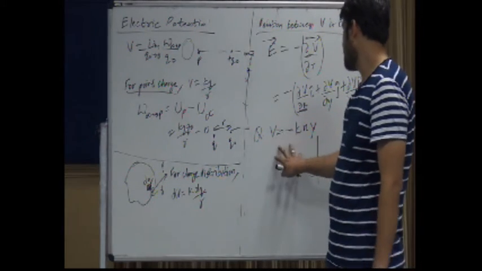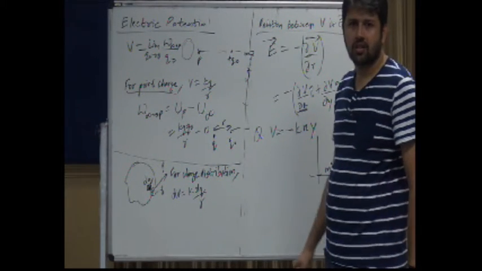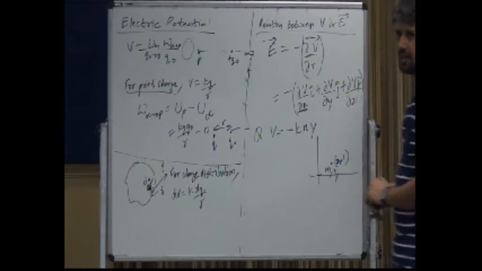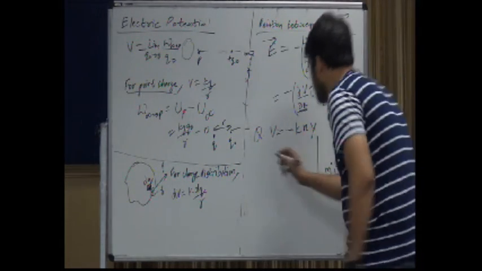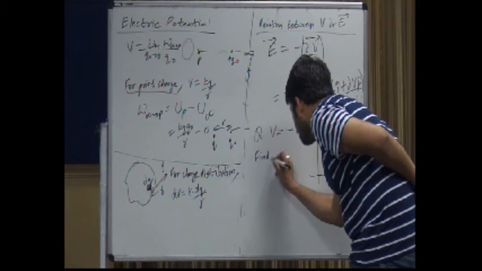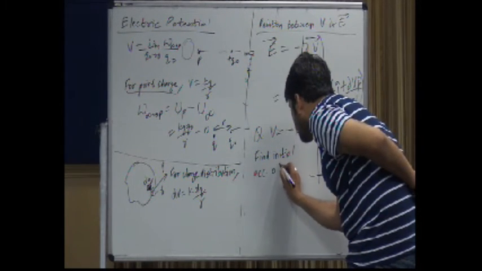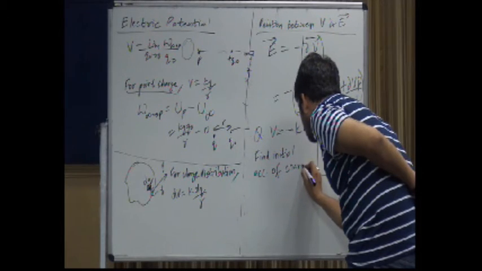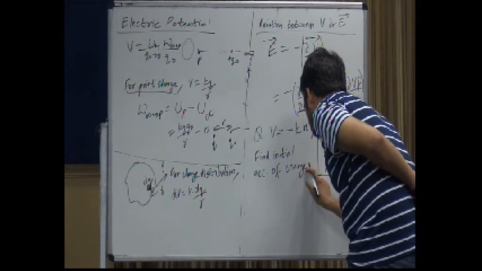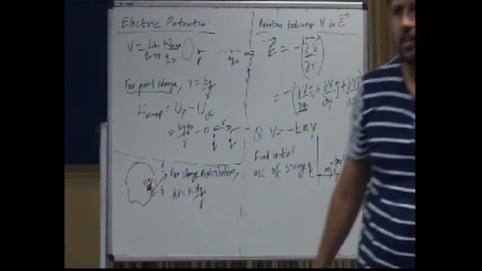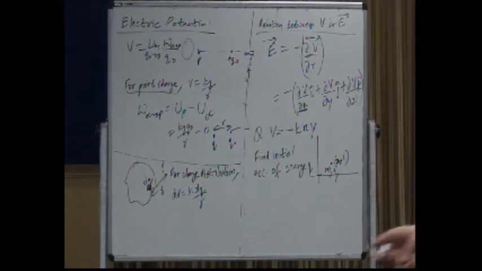The potential in this region is V equal to minus kxy. So electric field exists in this region. You have to find the initial acceleration of charge q. How to find it? I'll give a hint: find electric field, find force, then you can find a.